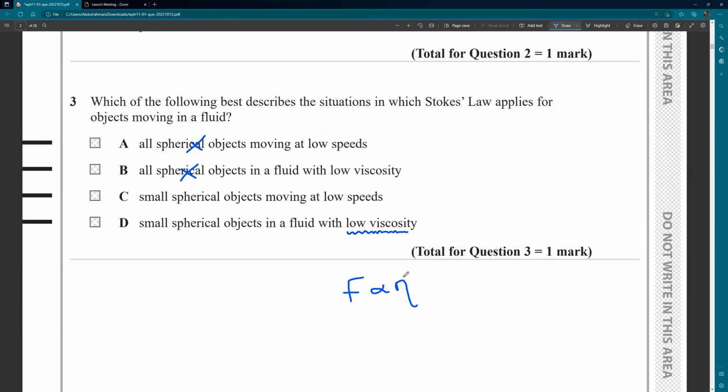So the lower your viscosity, the lower the viscous drag. And if there's less viscous drag, then your spherical object is probably going to travel at high speeds. And you don't want high speeds for Stokes' law, because Stokes' law involves low speeds, spherical objects, and laminar flow. So C is the best option out of all of these.